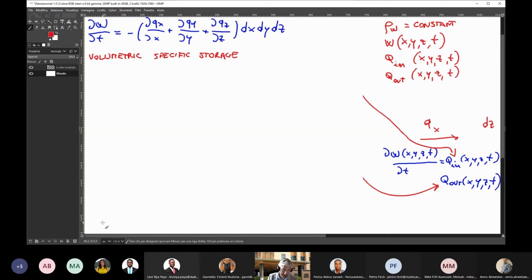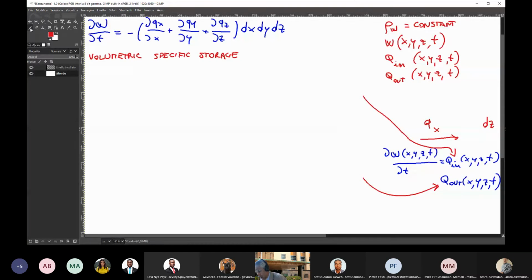I will repeat later on, because the definition is not finished. It is defined as the volume of water that an aquifer releases from storage per volume of aquifer, overall volume of aquifer, per unit decline in hydraulic head. Okay, so let me just make a sketch to clarify what I'm saying.